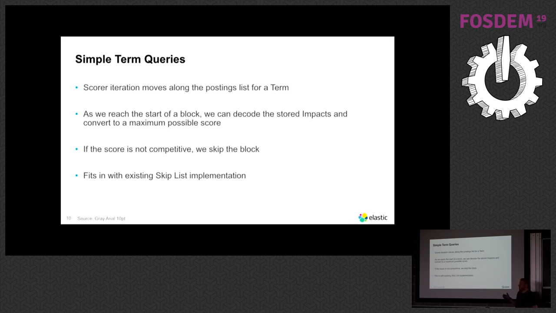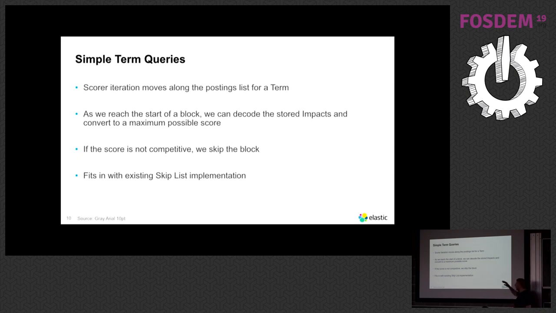As we're iterating over, instead of saying give me the next document, you say give me the next document whose score is more than X. And underneath it can go, well, I know I've got to this block here. I can extract the impacts from this block. I can calculate the maximum score that this block could possibly give us. If it's not competitive, I can skip over it entirely, go decode the next block.